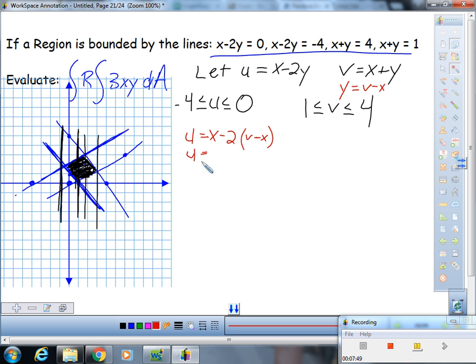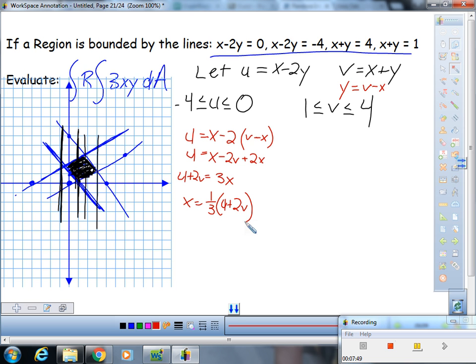So u equals x minus 2v plus 2x. So 3x is u plus 2v. Do you agree? So x is equal to 1/3 times u plus 2v. Now we have x as a function of u and v.